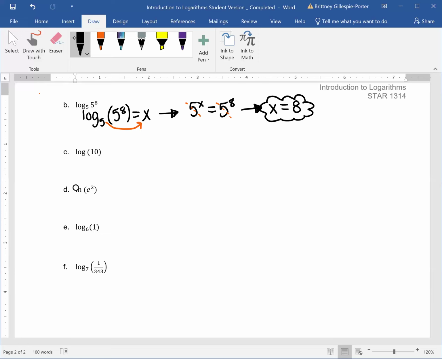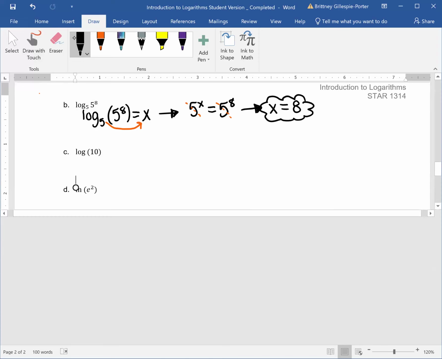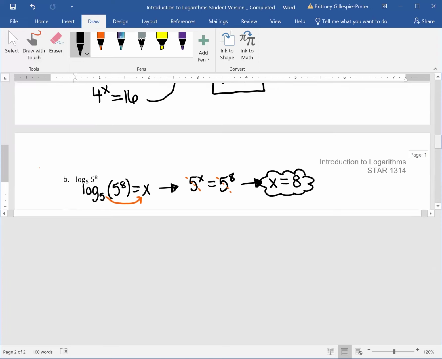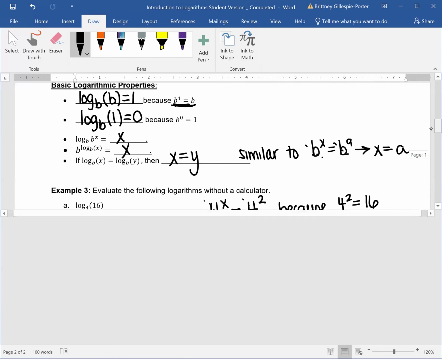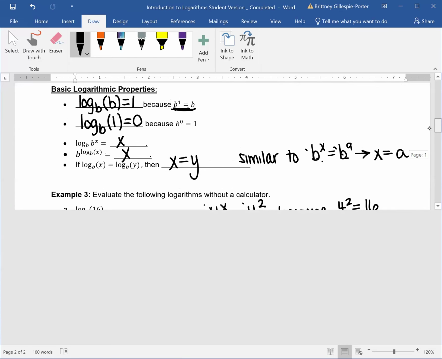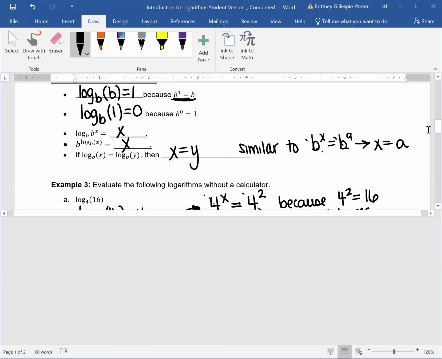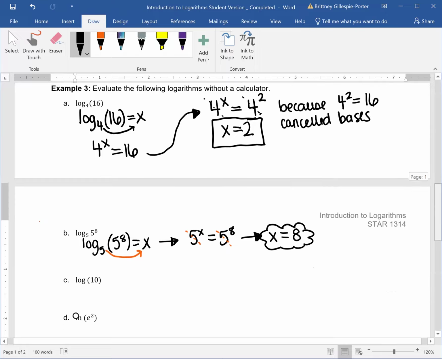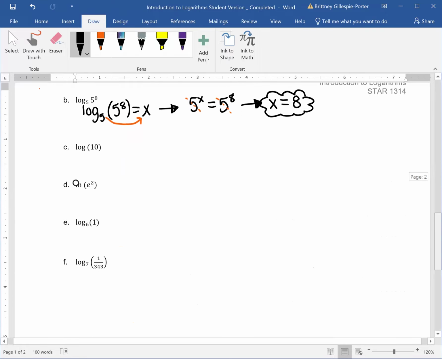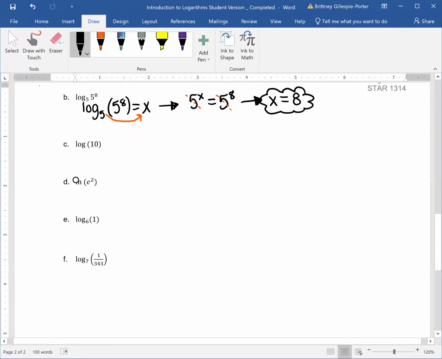So this follows our log property that we just did. Back here, if you have log base b of b to the x, this is the one that we're looking at right now, then that equals whatever that exponent is. But I did this problem without remembering that log rule.